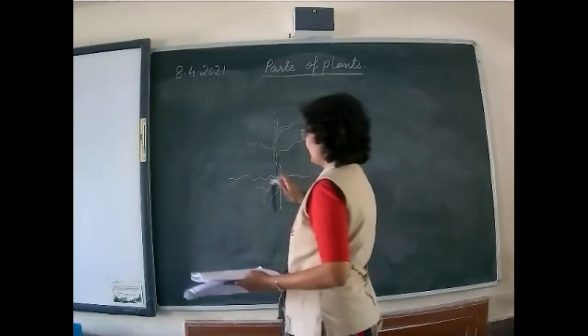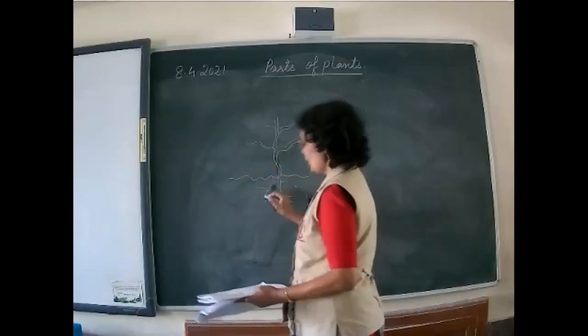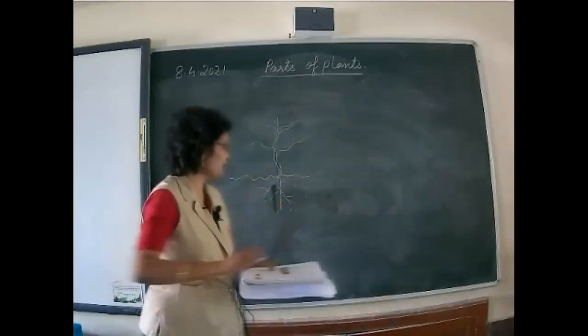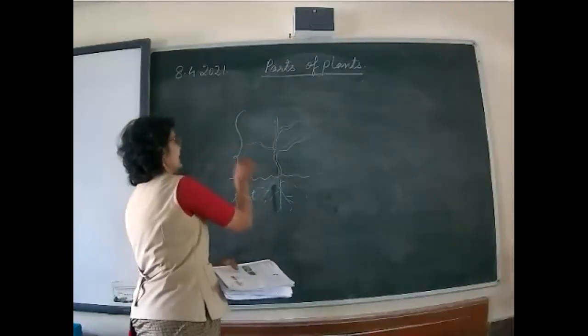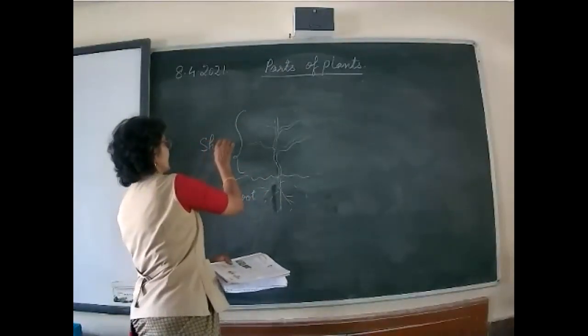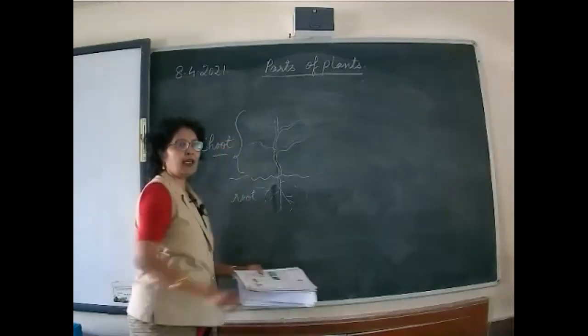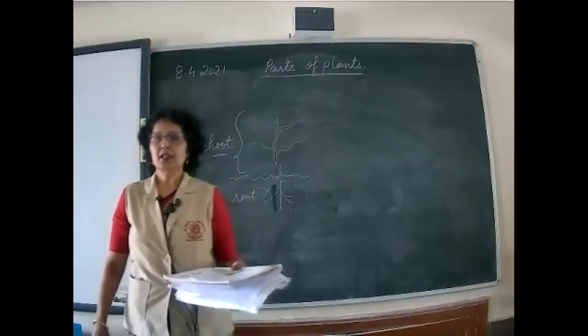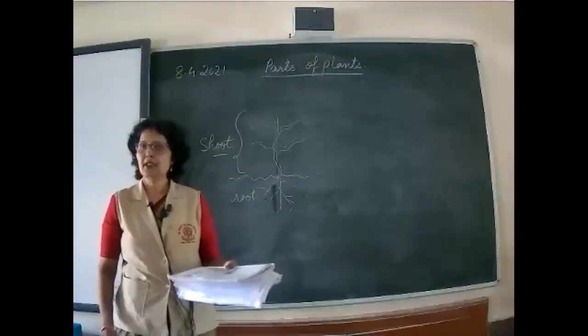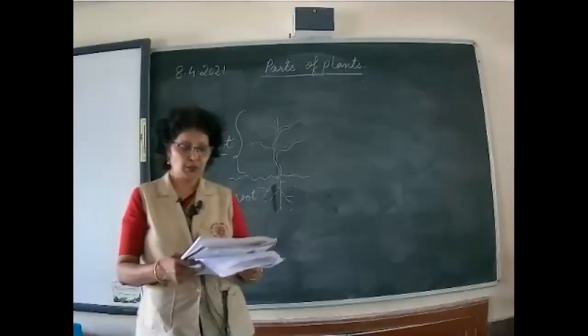That part is called root. The part above the ground is called shoot. The part of the plant below the ground is called root. The part above the ground is called shoot.